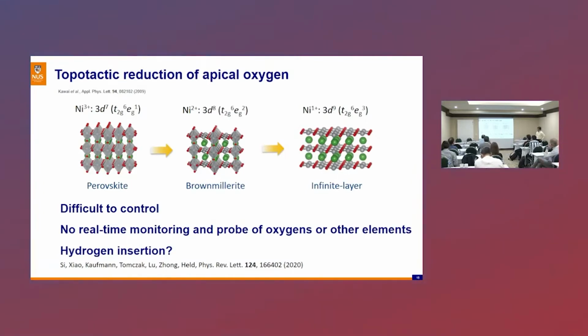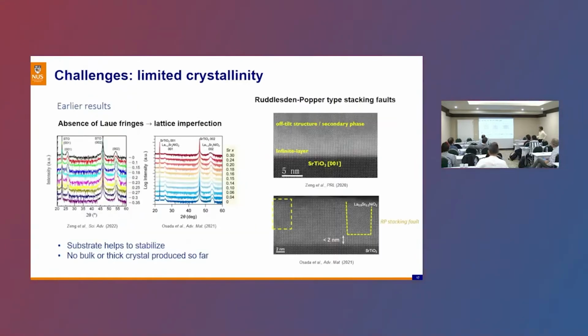Ideally, it would be nice if we could really look into the oxygen state at the different reduction steps, even if we can do it in real time. And then Carsten has also proposed the idea of hydrogen issues in this nickelate during the reductions. What we are able to do now is really based on three things.